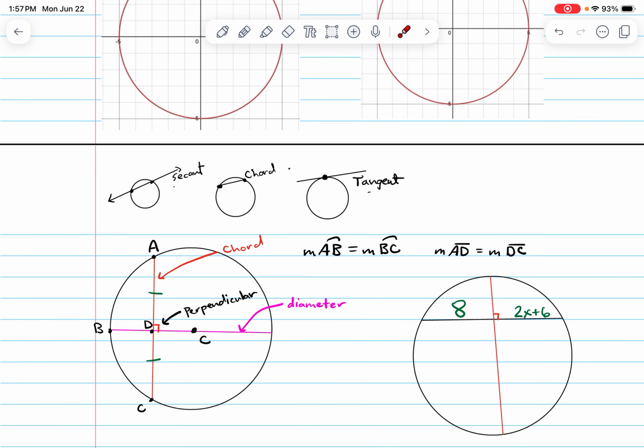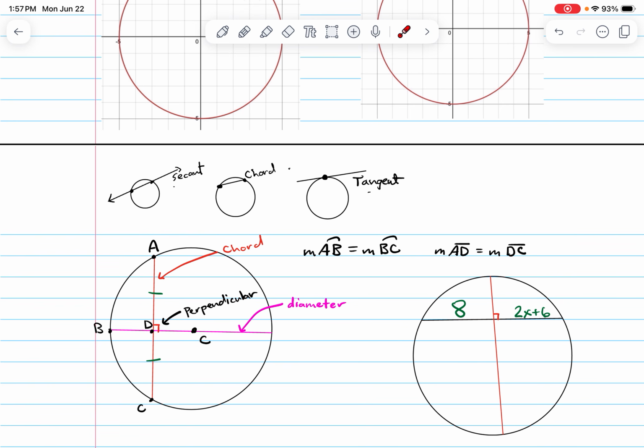In other words, this chord gets bisected by the diameter. So whenever the diameter intersects a chord at a 90-degree angle, you know that that chord has been cut in half.